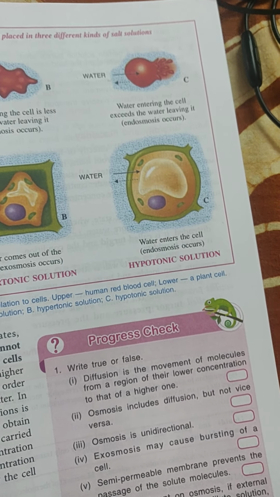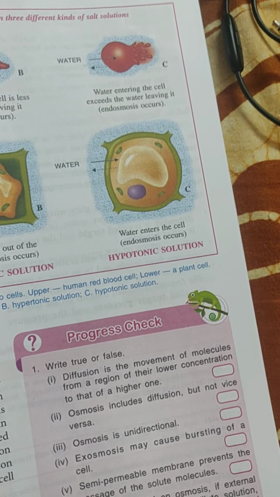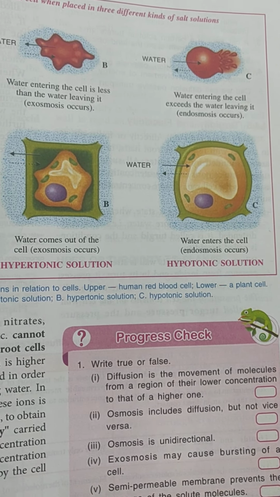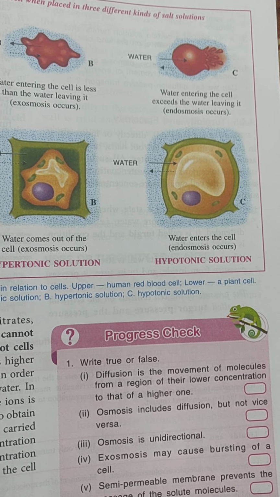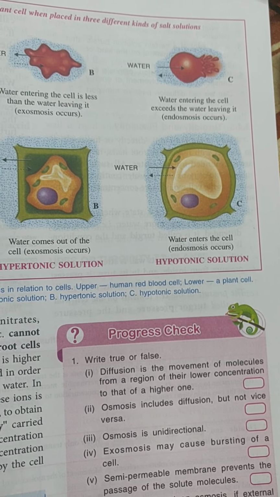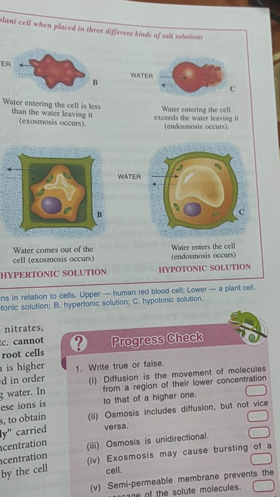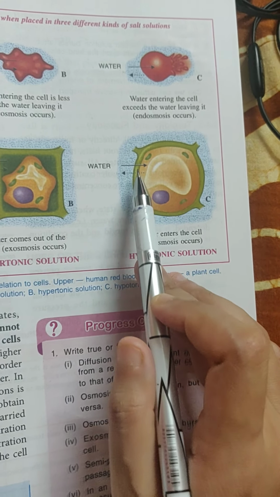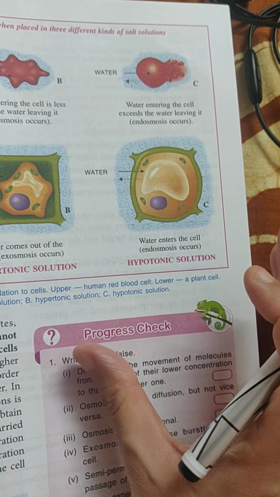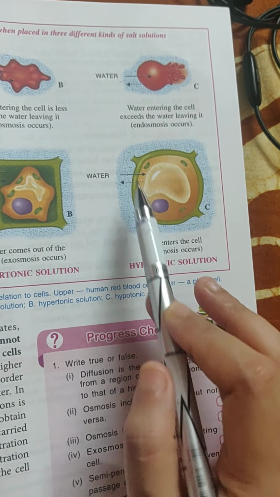In the case of plant cells, you have to understand one thing: due to the rigidity of the cell wall, it can resist the bulging and protect the delicate cellular parts, which we cannot see in an animal cell. Now if you notice this part, the cell has swollen up or bulged out.